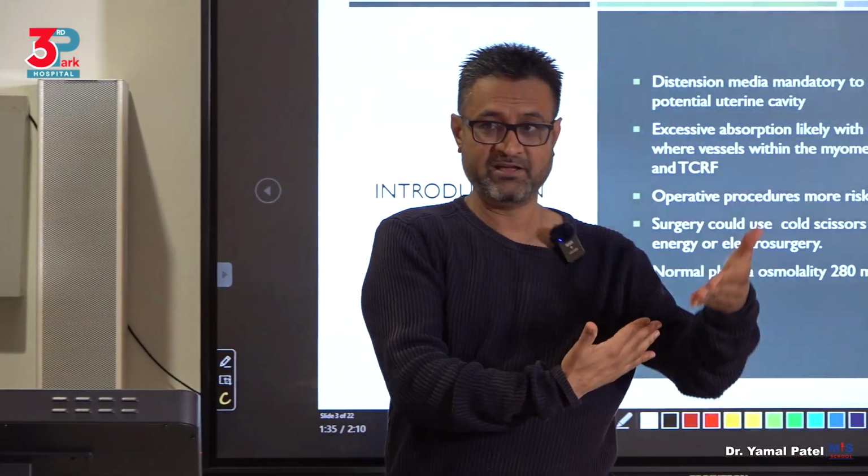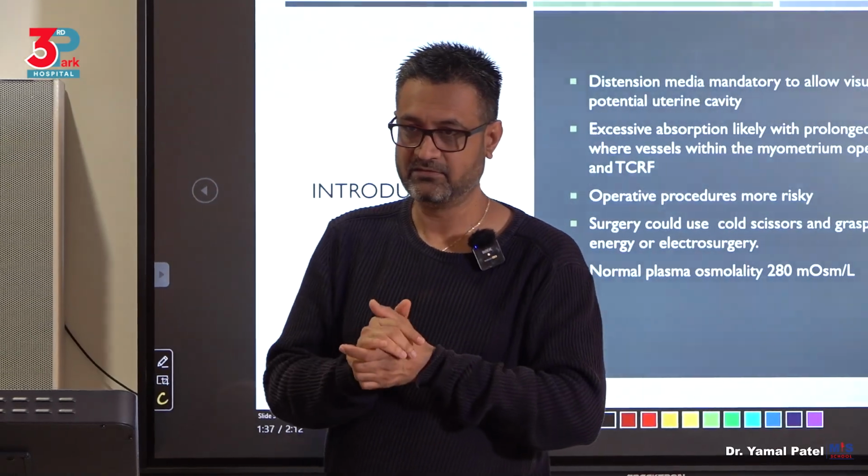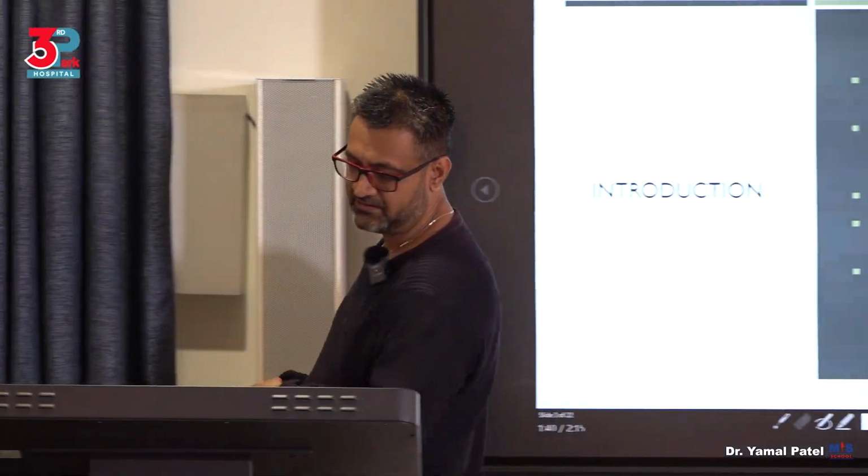So this is a problem you have to understand about the media. It's more risky in operative procedures than diagnostic procedures, where you're causing a break in the endometrial-myometrial junction. The moment you go beyond the endometrium into the myometrium, you're opening up vessels. Got it? This surgery can be done in hysteroscopy using cold scissors, graspers, energy, electrosurgery.